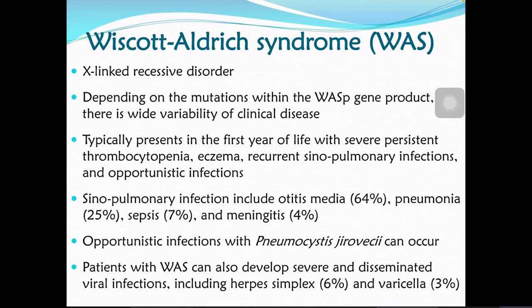The sinopulmonary infections they are likely to have would be things like otitis media, pneumonia, sepsis, and meningitis. They can get opportunistic infections with pneumocystis, and sometimes if patients develop viral infections, they can have very severe disseminated viral infections like herpes simplex and varicella.